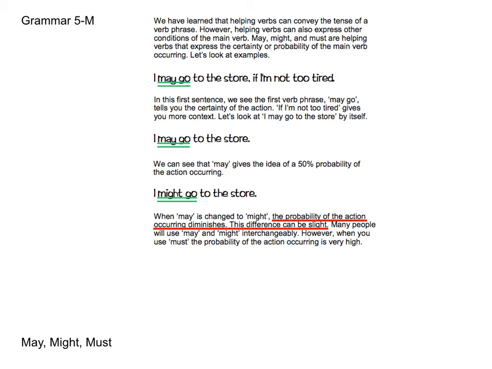And then, of course, when we get to must, the probability of the action occurring is incredibly high. Not 100%, but it's like 98% sure that it's going to happen. So our example for this is, I must go to the store. It is a thing that will most likely happen. It needs to happen. And so this gives you that spectrum of may, might, must.